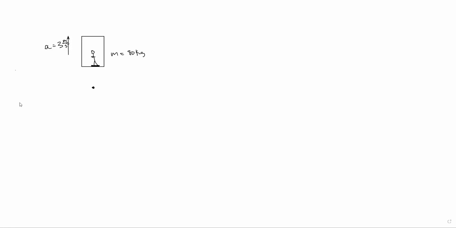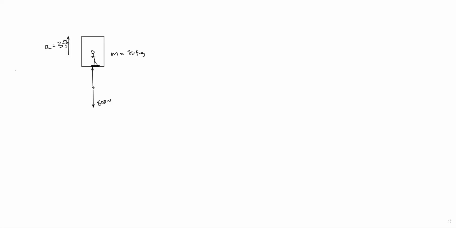The person has a force of gravity of 800 newtons. And this person is going to accelerate upward at 3, which tells us that the force up has got to be bigger than the force down.